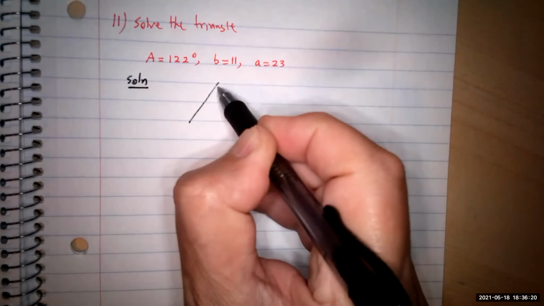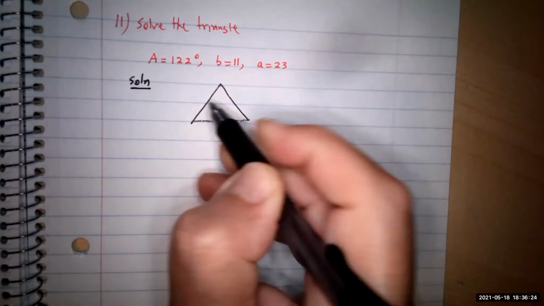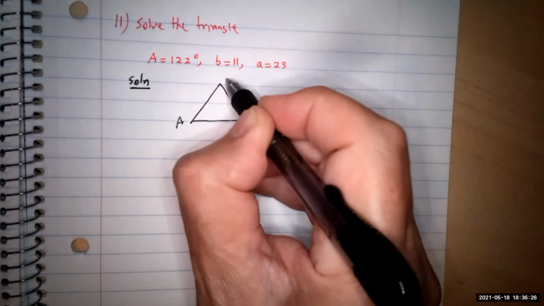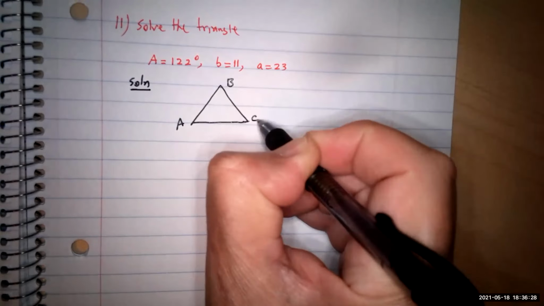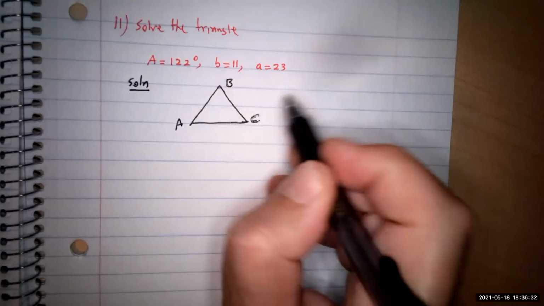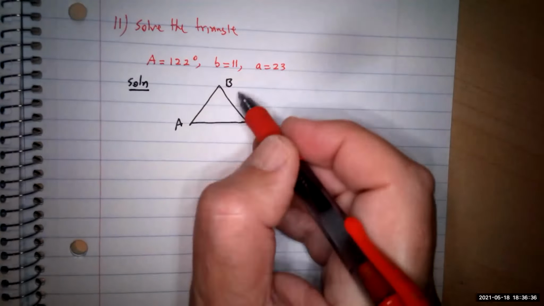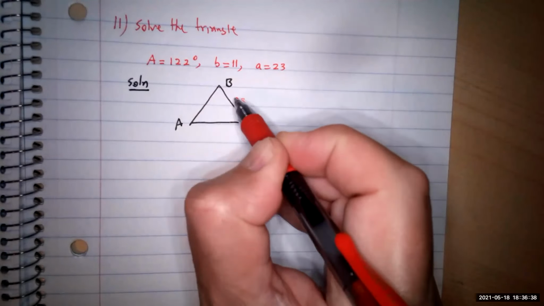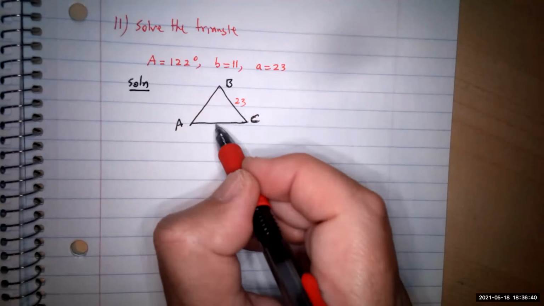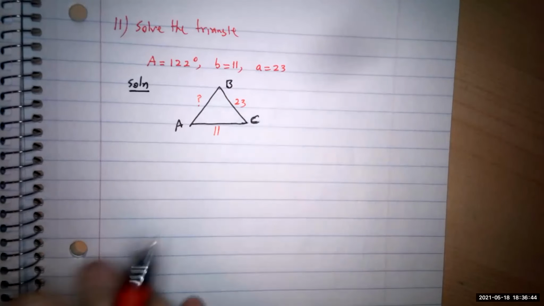So you have to have a triangle to see how we're going to operate those formulas. Okay, it's going to be A, B, and C. In this case, what we have is that the opposite side of A is a, which is 23. Okay, the opposite side of B is 11. So this is missing.